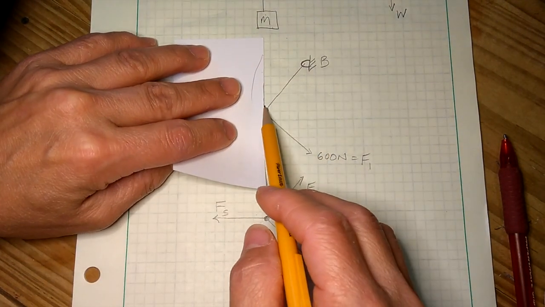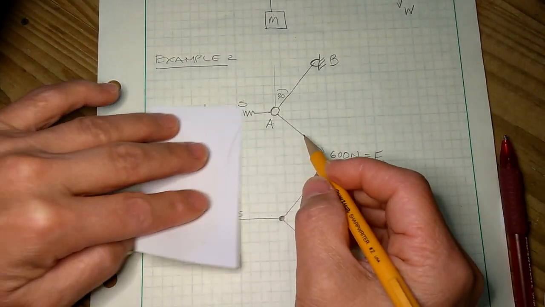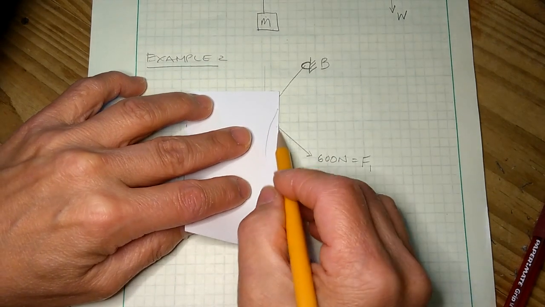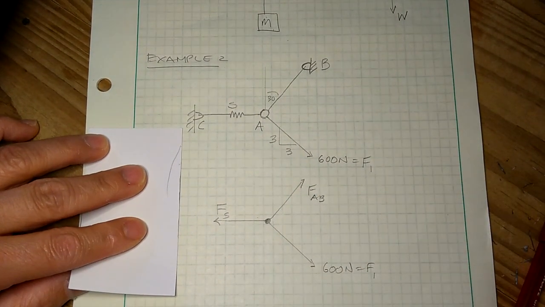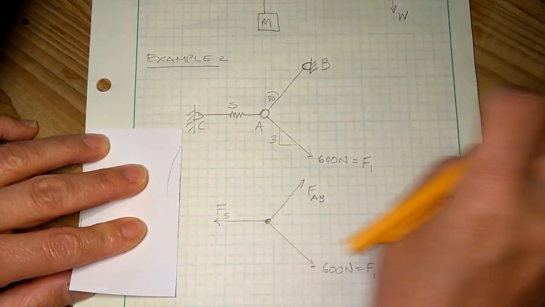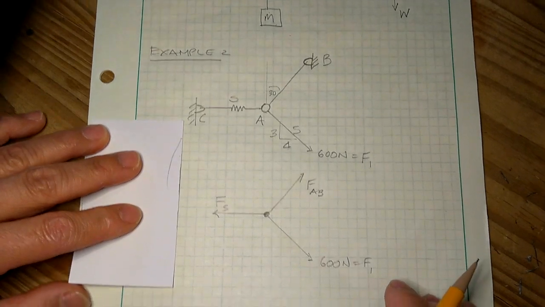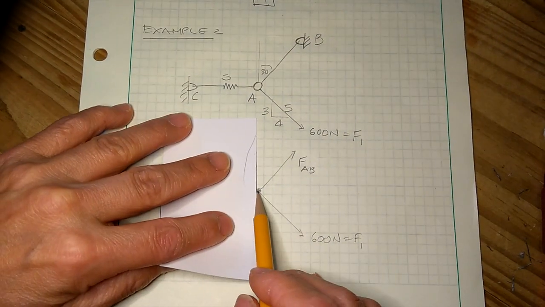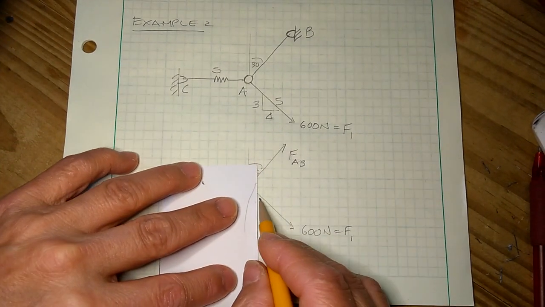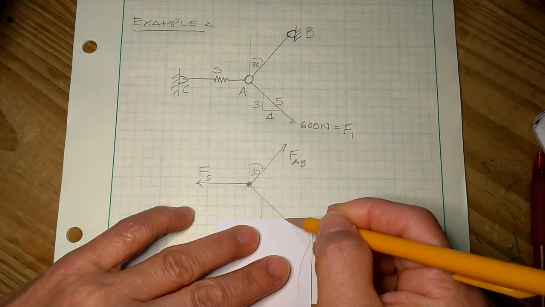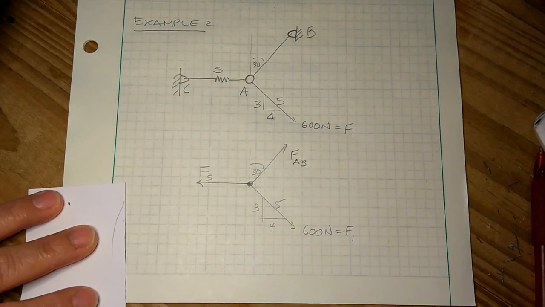Now, if they had given us some angles, let's say it was 30 degrees and this was also a 3, 4, 5 triangle, we would also indicate that on the free body diagram.